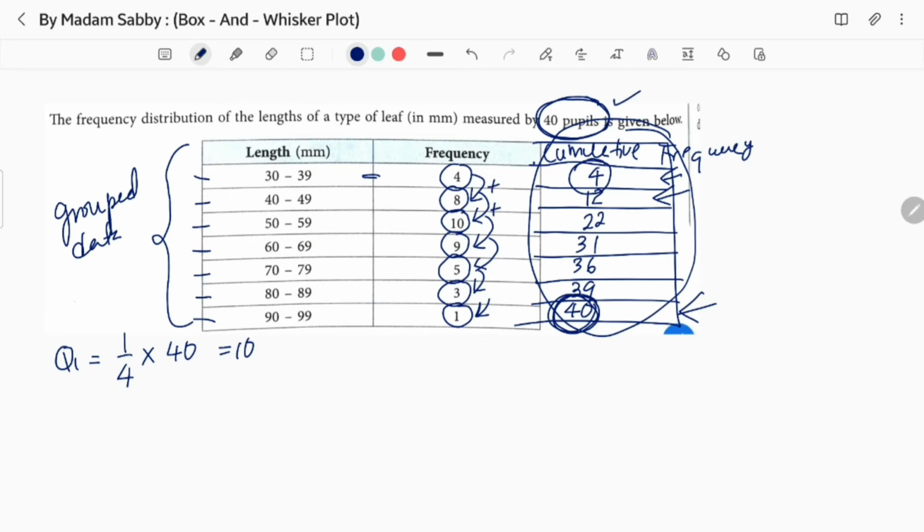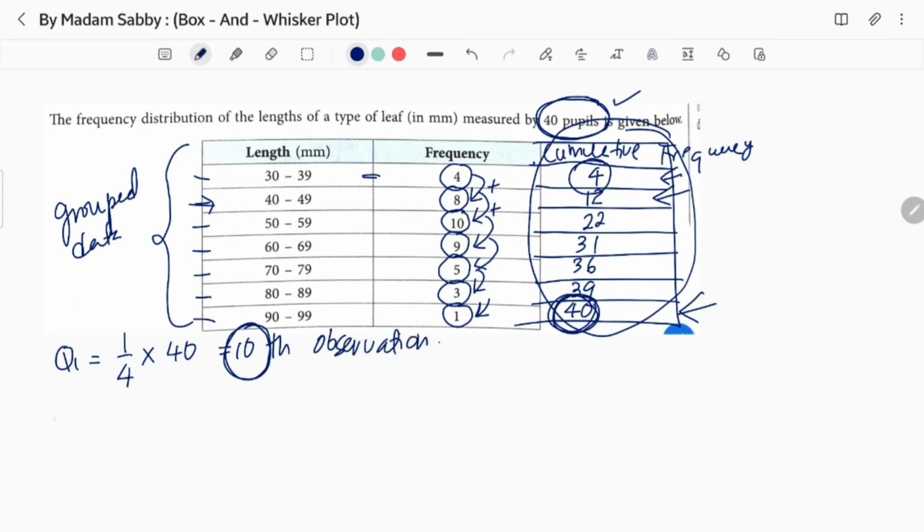So that means the observation for your first quartile is in between the first and second. So automatically we will set it at the second class interval. Okay, so that is the 10th observation.